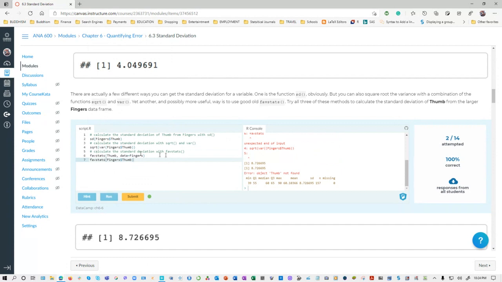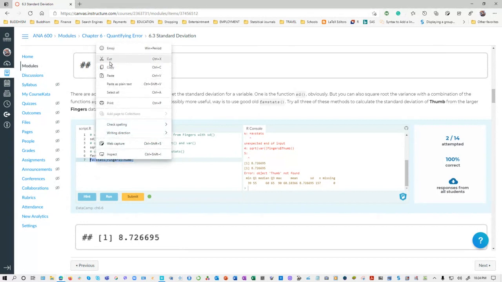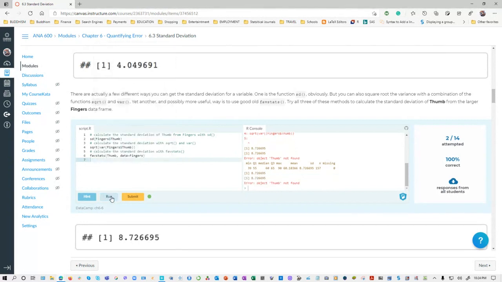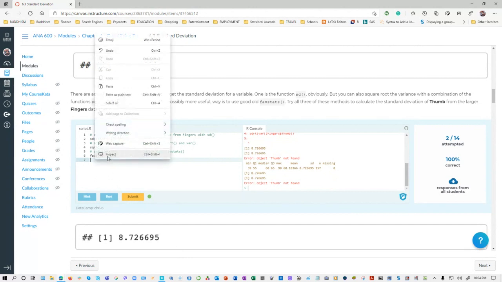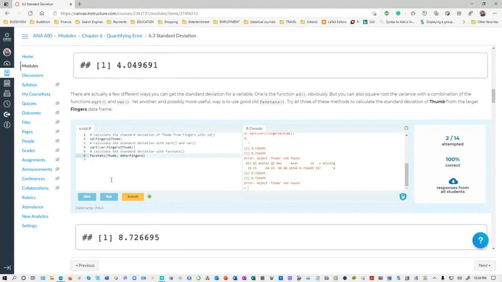Okay, one works, SD works. Square root of this one works. And get rid of this one. This one, tilde.